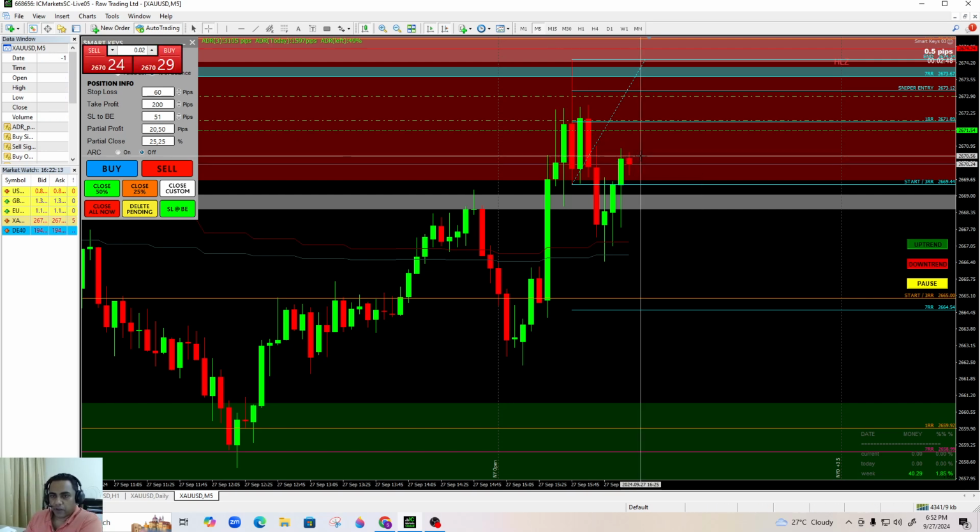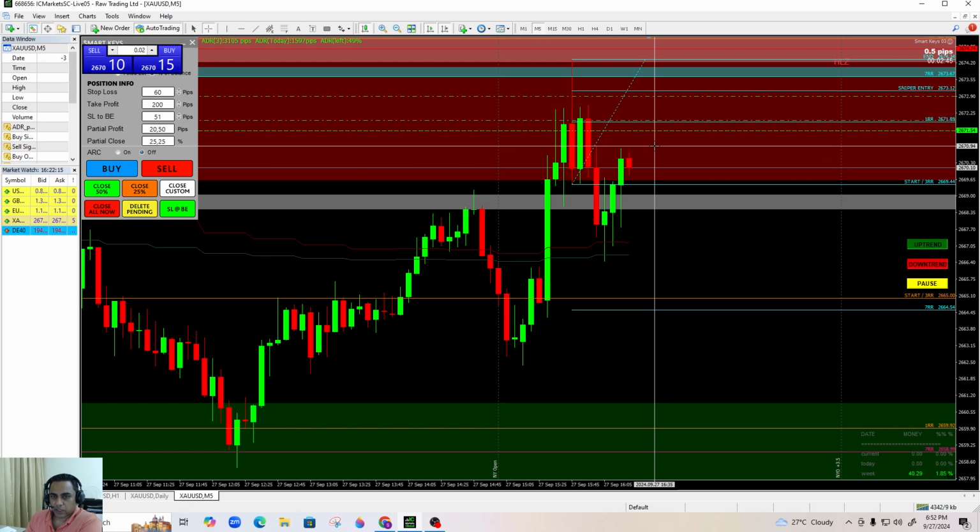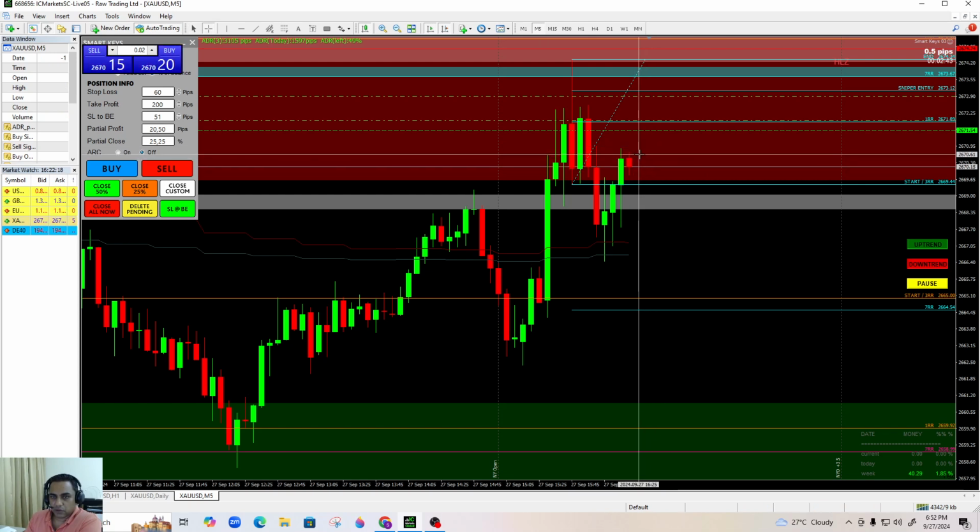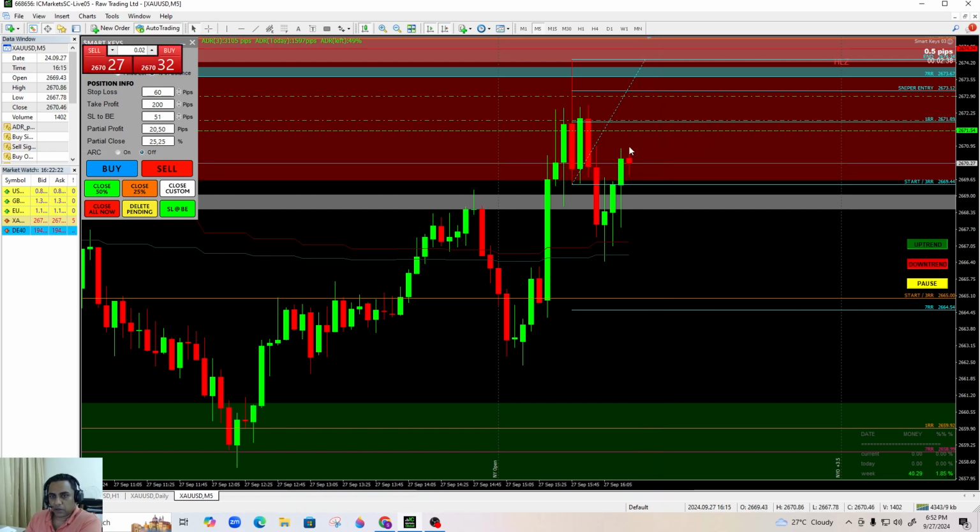The next M5 candle should break the next one. Not this one. I think this one should close down and the next one might break it.